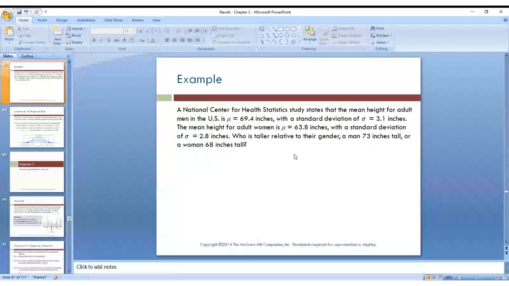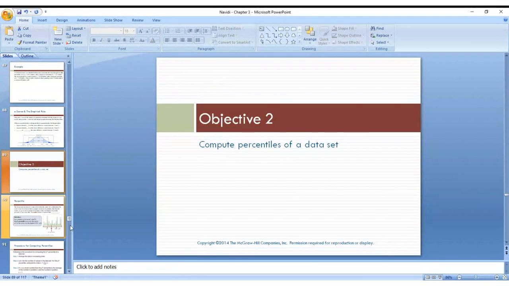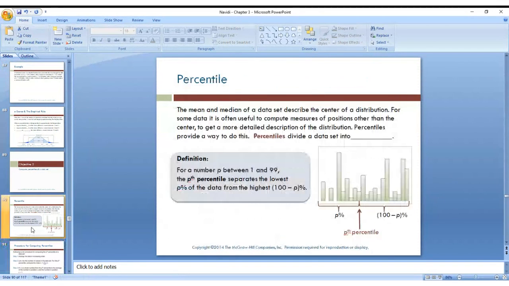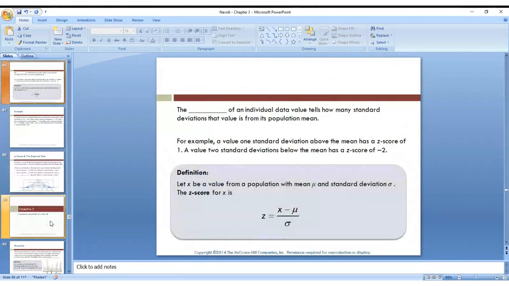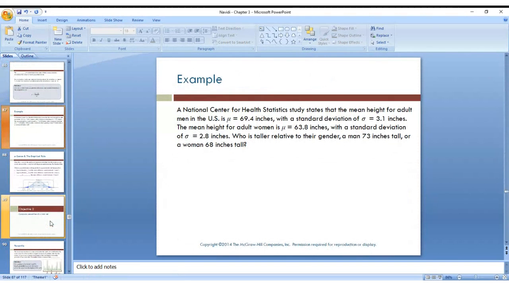All right. So let's try to just use the z-score. What we're going to do is we've got some data here that tells us about the mean heights for men and the standard deviation for men in the US.